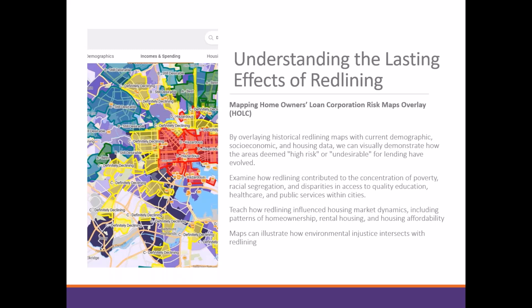So you can see how redlined areas might still exhibit characteristics such as lower property values, limited access to credit, and higher rates of poverty and segregation. The maps will allow you to analyze spatial patterns and identify correlations between redlined areas and various socioeconomic indicators.